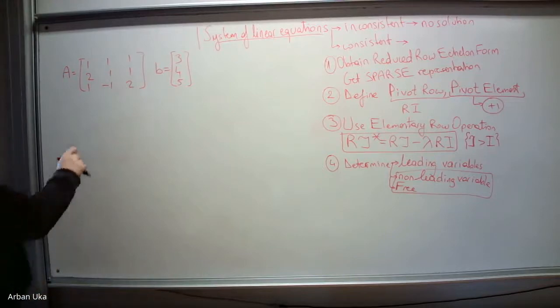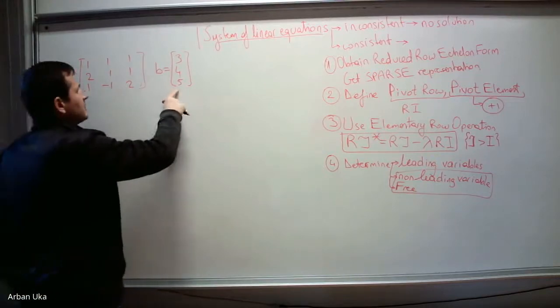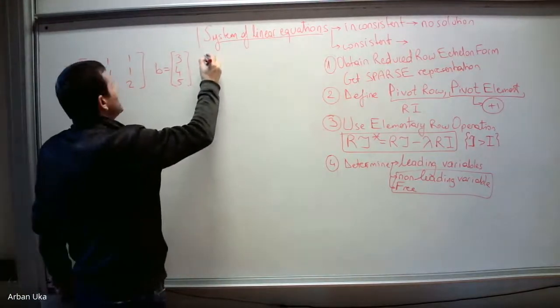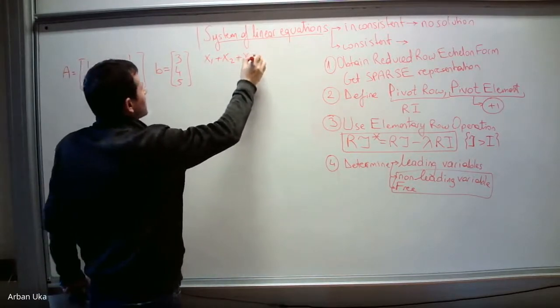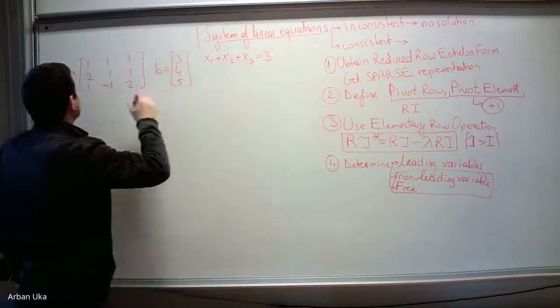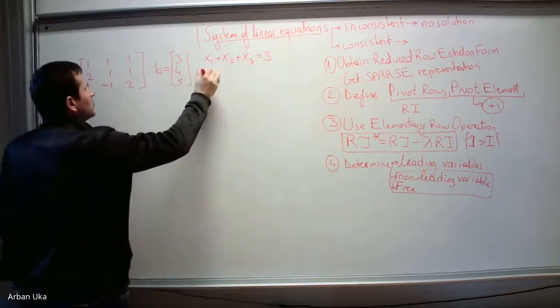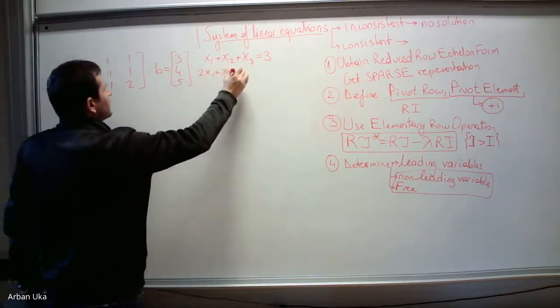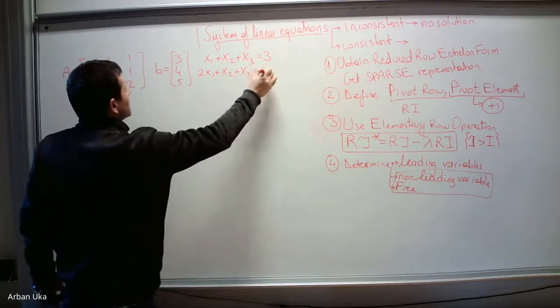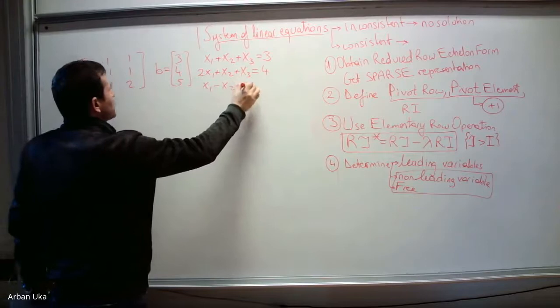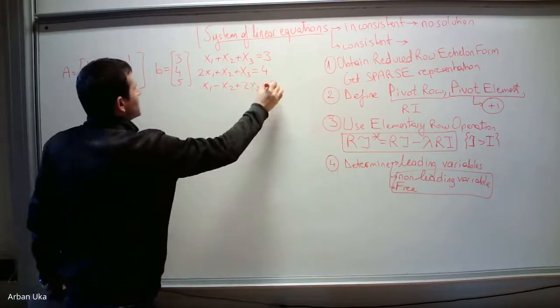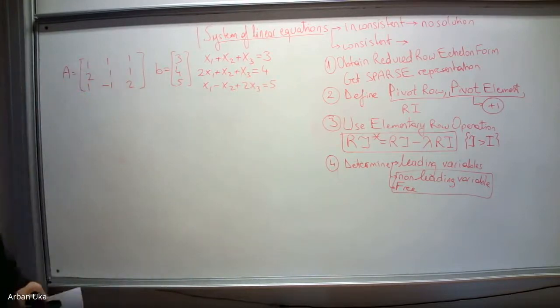This is the coefficient matrix, and this is the answer vector. We can read this as x1 plus x2 plus x3 is equal to 3. Then we have 2x1 plus x2 plus x3, this is 4. And then we have x1 minus x2 plus 2x3, this is equal to 5. So these are the equations.